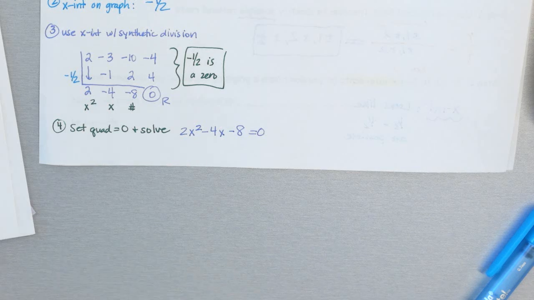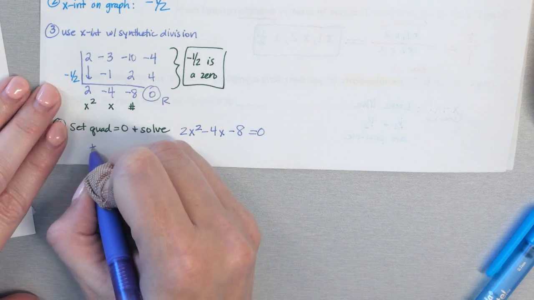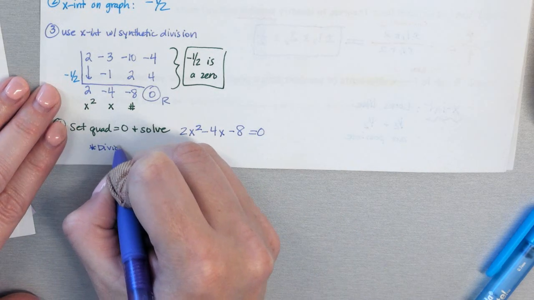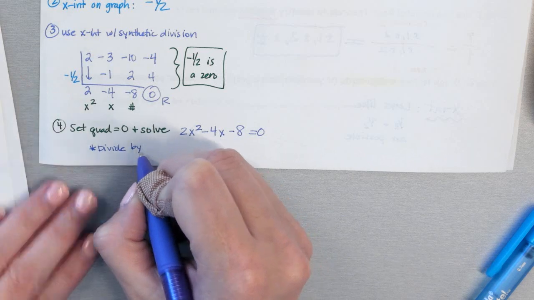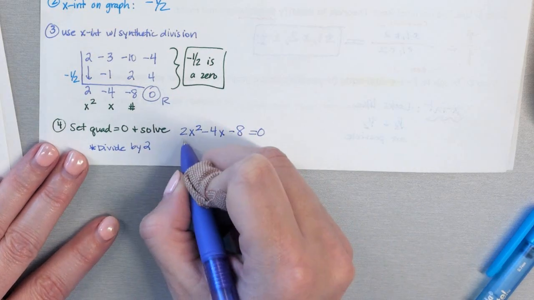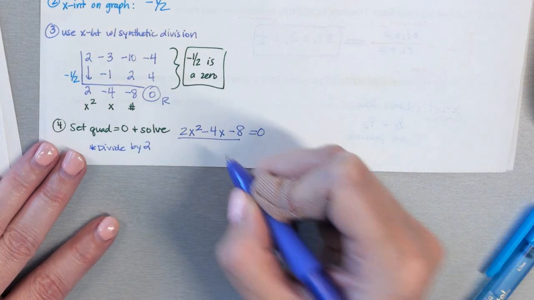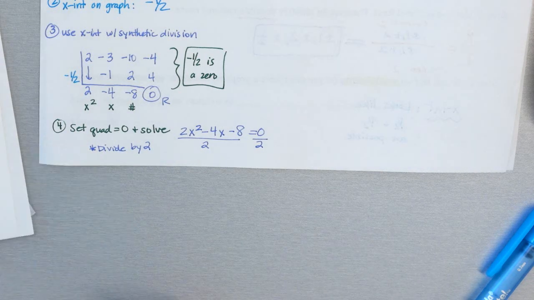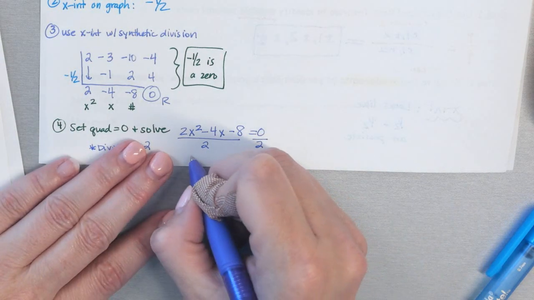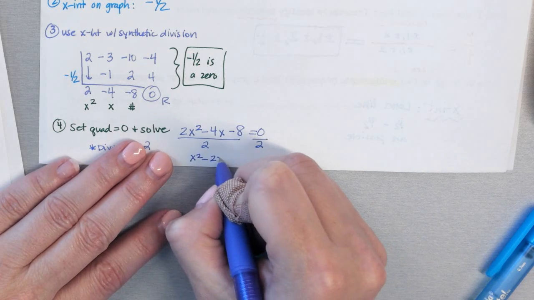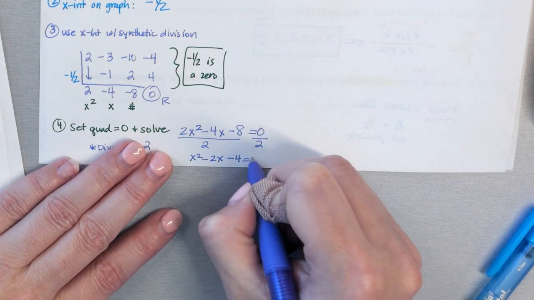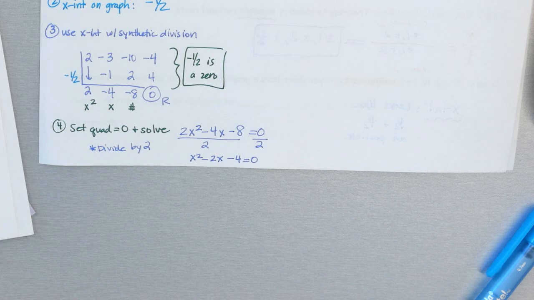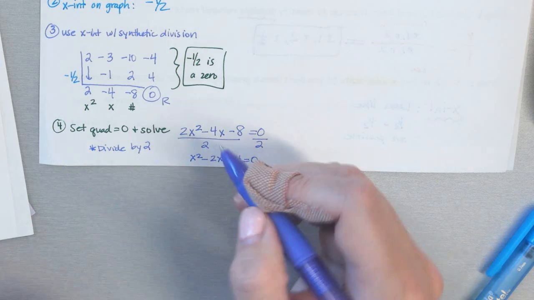Yeah, so if you wanted, you can divide both sides by 2. You can never divide by a variable because that's what you're solving for, but you can simplify this. So if you divide by 2, you have x squared minus 2x minus 4 equals 0. Now you can solve that. It's just going to make your process a little bit simpler.